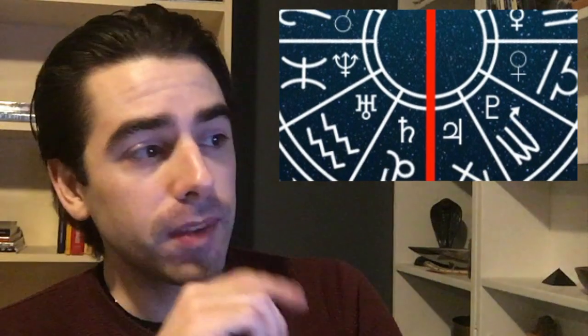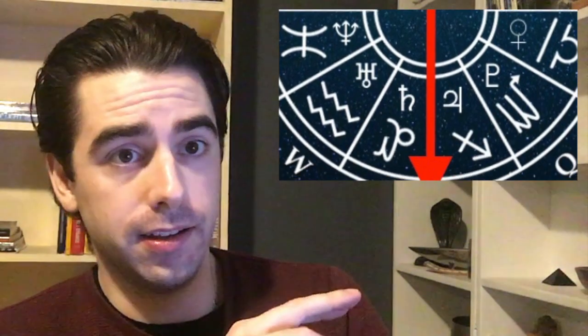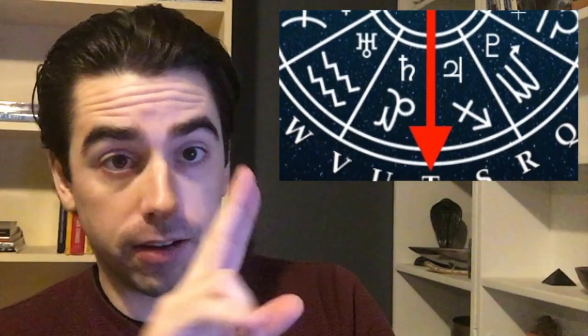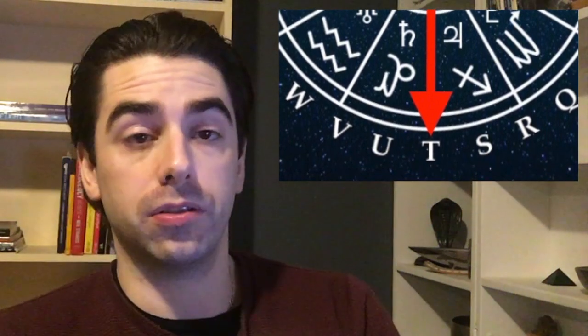Now, if you're thinking of the zodiac as a full year, we have the summer solstice at the top, the winter solstice at the bottom. And what is most obvious when you look at this is the letter T, especially if it's a small t, not the capital T, makes a cross.